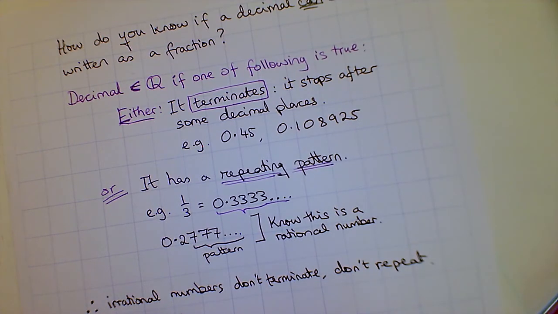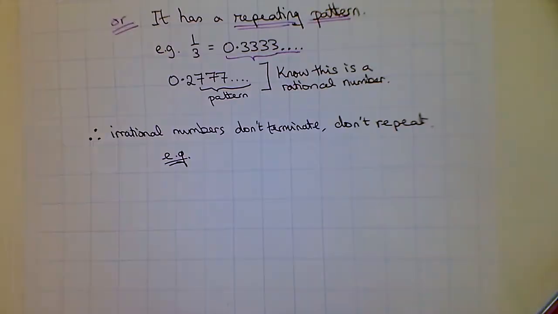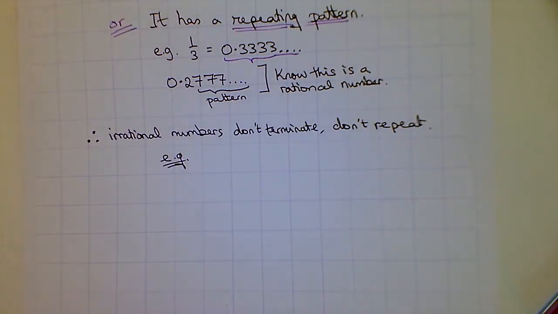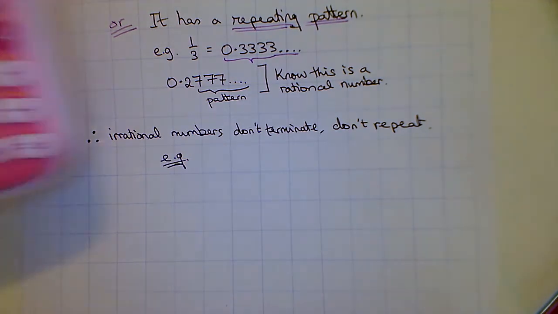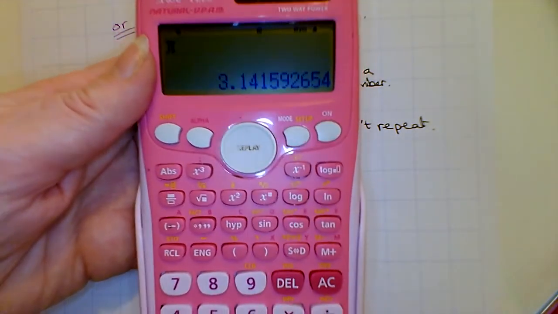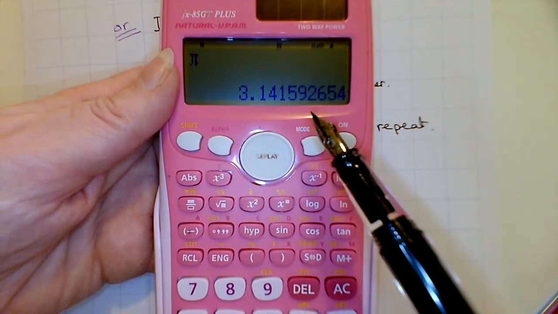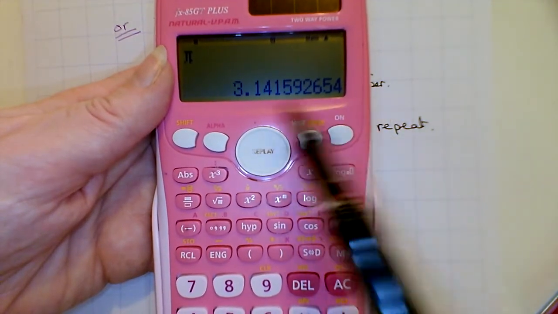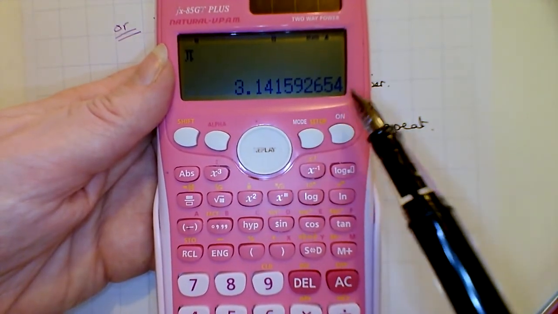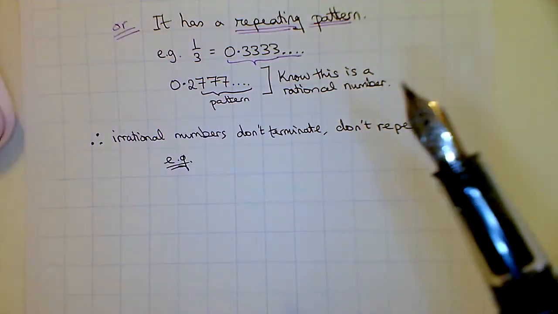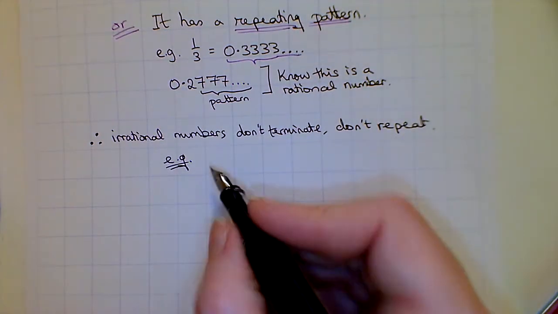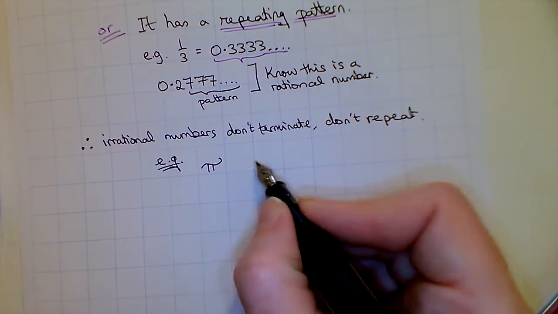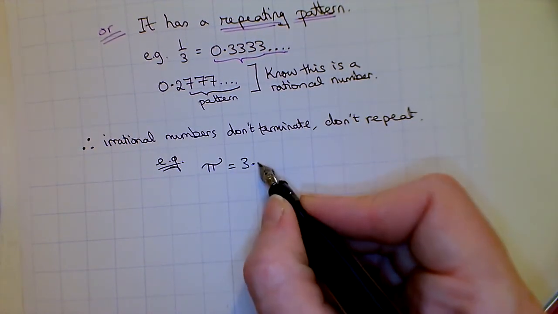And the example that we have there would be pi. So if we were to write pi as a decimal, we can see it in our calculator. Now the calculator runs out of space, but you can see the values there. There's no pattern. What you can't tell is that it doesn't stop there. Pi continues forever and has no pattern that has ever been found.